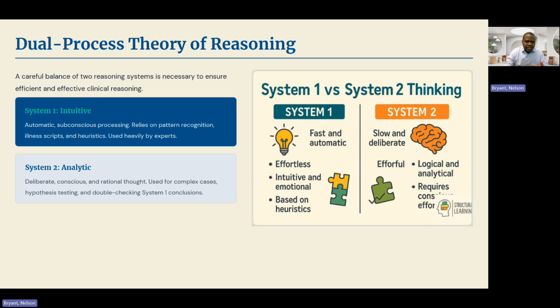System two is analytic, deliberate, or conscious, especially when you encounter complex or unfamiliar cases. So that's why I mentioned you cannot always rely on your gut. You have to look at the evidence-based processes to avoid errors and ensure accurate and efficient diagnosis for your patients.